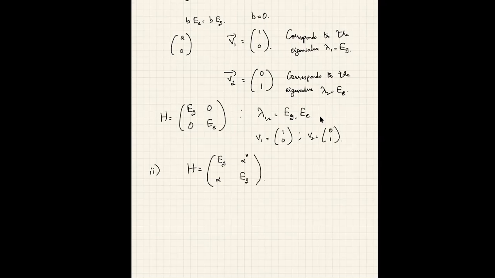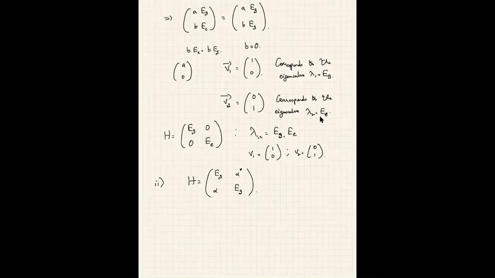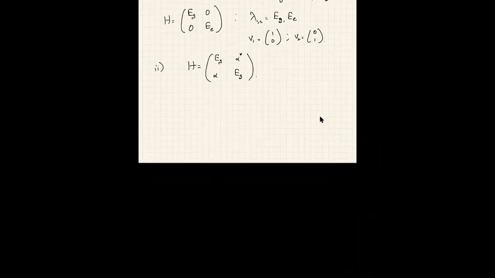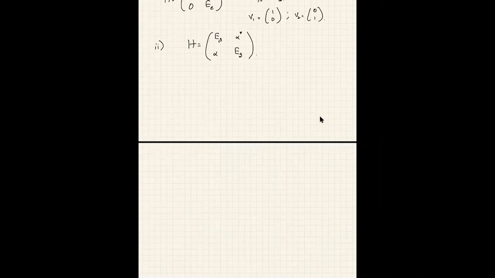I'm choosing a very particular non-diagonal entry. Why I want to choose alpha star and alpha and not two different numbers in general, I will talk about later. But this is as good an example as any other. So for this matrix, what are the eigenvalues and eigenvectors?